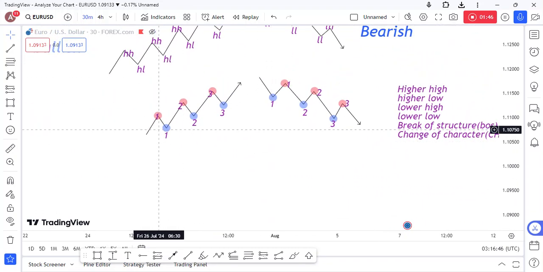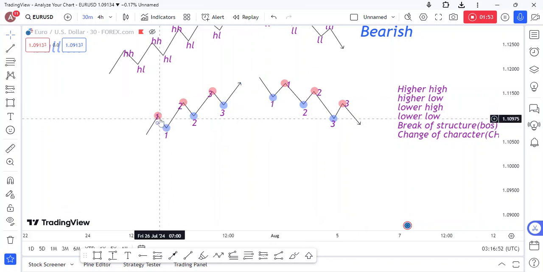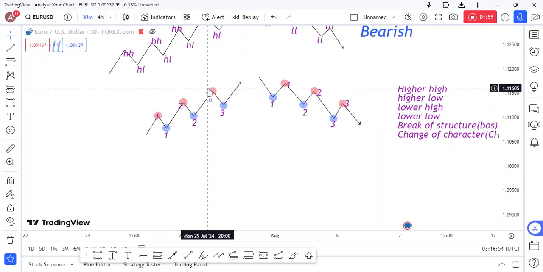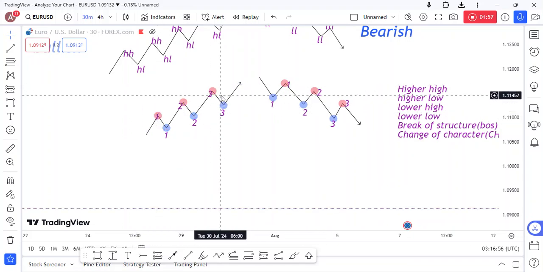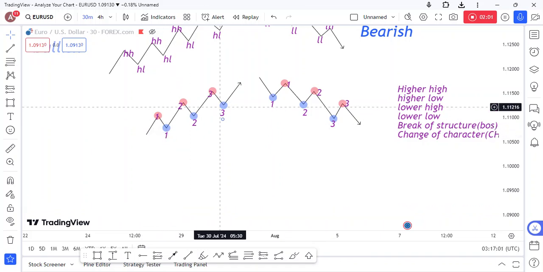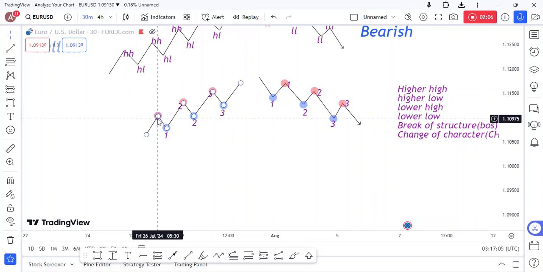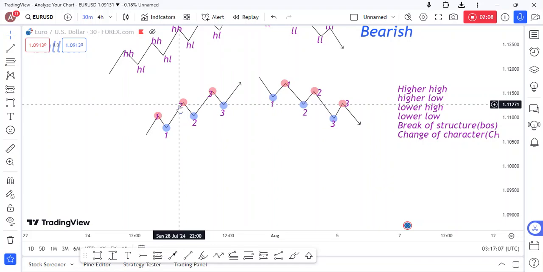Now you realize that, like I said earlier, market moves this way or that way. So as you go along, we have one, two, three. These are highs, and down here, the blue highlight, we have what? Lows. But you realize that as you go along, high two is higher than high one, and high three is higher than high two.